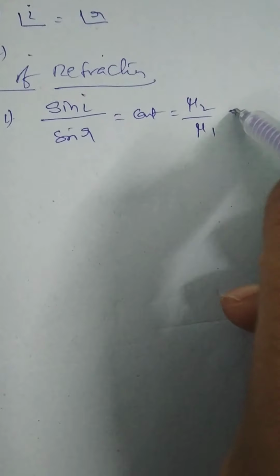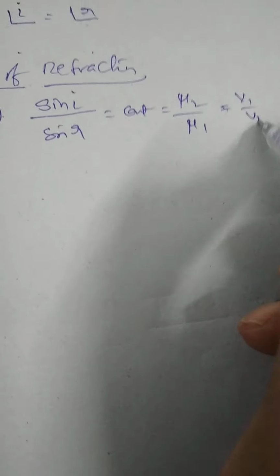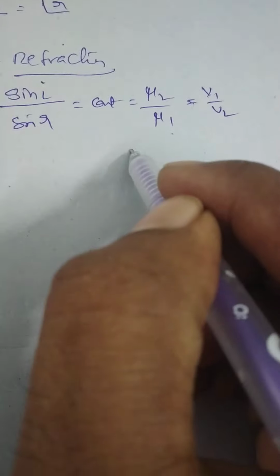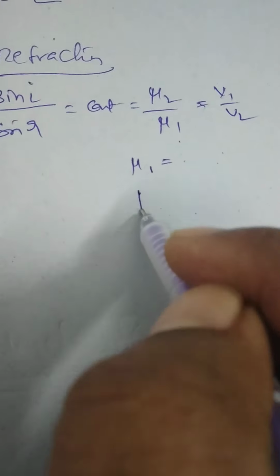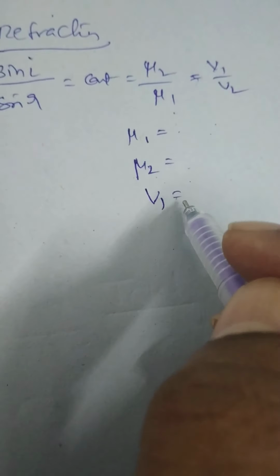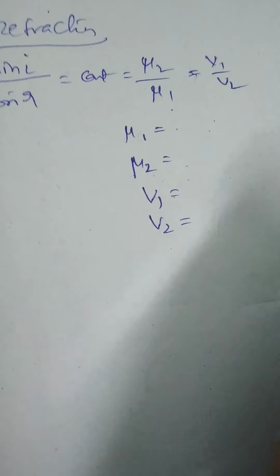In terms of velocities, it is equal to v1 by v2, where mu1 is equal to refractive index of the first medium, mu2 is equal to refractive index of the second medium, v1 is equal to velocity of the light in the first medium, v2 is equal to velocity of the light in the second medium.